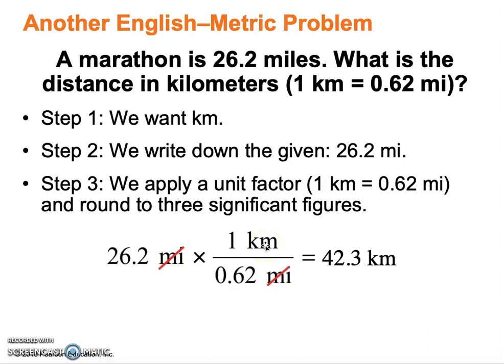This is the desired unit, or the unit the question asks you to convert to. So you see now miles cancel. You put these numbers into your calculator. It gives you 42.3 with the remaining unit, kilometer. The answer is 42.3 kilometers with 3 significant digits because your original number has 3 significant digits.